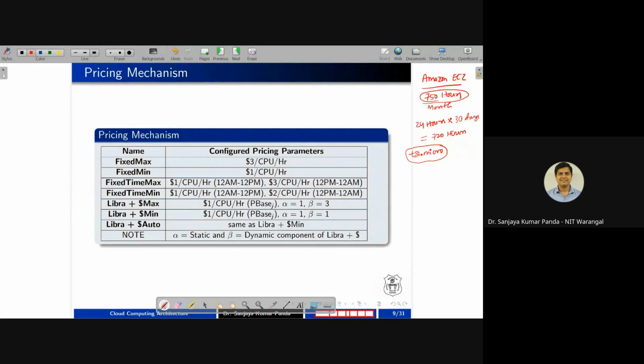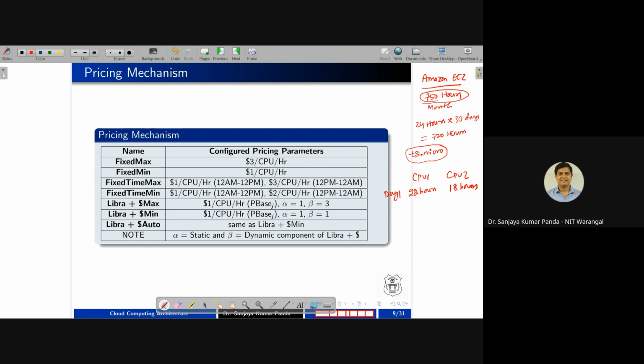But if a person is using two CPUs, for example, I am using CPU 1 and also CPU 2, right? CPU 1 I am using, let's say, on day 1 for 22 hours, and CPU 2 for, let's say, 18 hours.